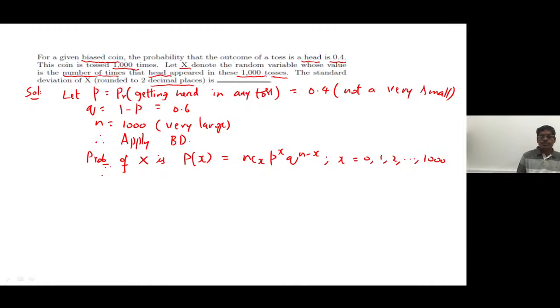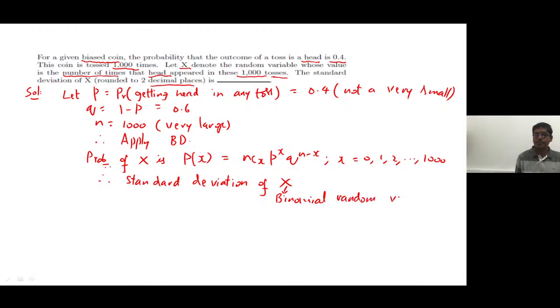So therefore, the standard deviation of x, where x is a binomial random variable, is given directly by the formula root over npq. n value 1000, p value 0.4 and q value 0.6.